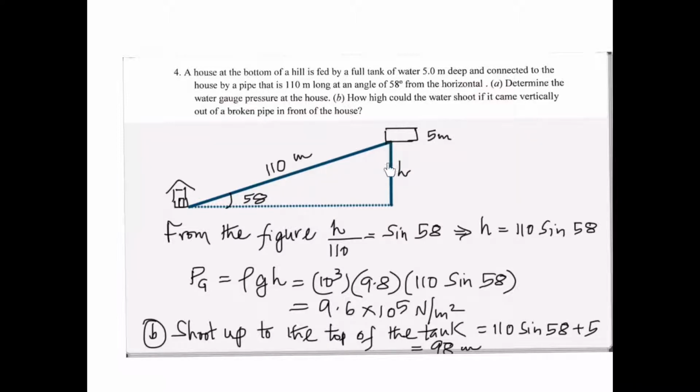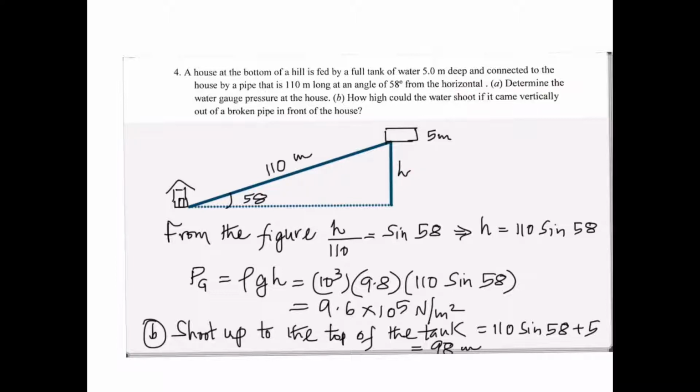So you have this height. And from this figure, you can see that if you take sine 58, you're going to get H by 110. Therefore, H is going to be 110 sine 58. That is the height. And you also have to remember that there is a 5-meter depth for the water tank.